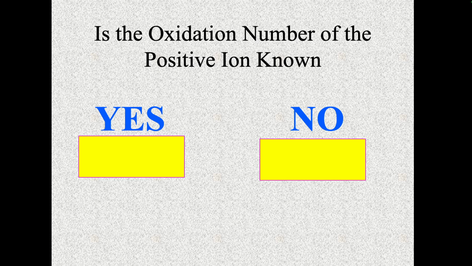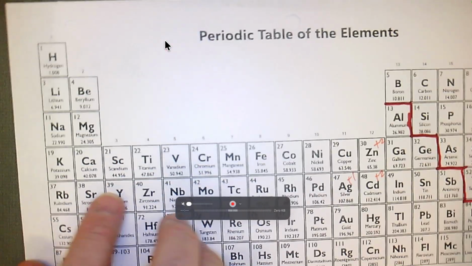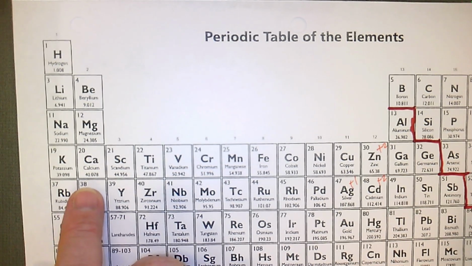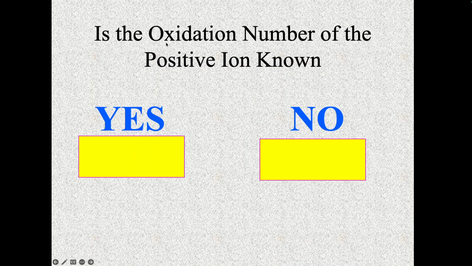If you go on and take the college class or even more advanced college classes, the charge is known as the oxidation number, and it's a whole process. We're just going to touch on that much, but we just really need to know, do we know the charge? So for calcium, calcium's in the second column. Do we know the charge of things in the second column? It's +2. So our answer is yes.